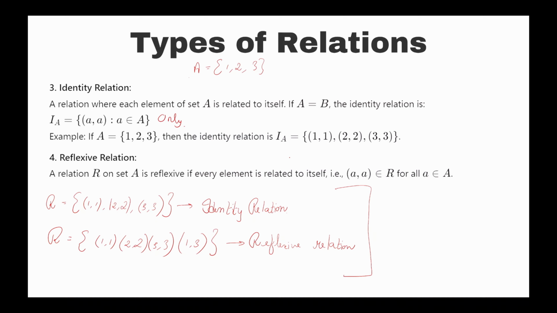Now let's say I write down one of my relation sets as (1,1), (2,2), (3,3). That means all elements are related to themselves. 1 is related to itself, 2 is related to itself, 3 is related to itself. Then we call this an identity relation.